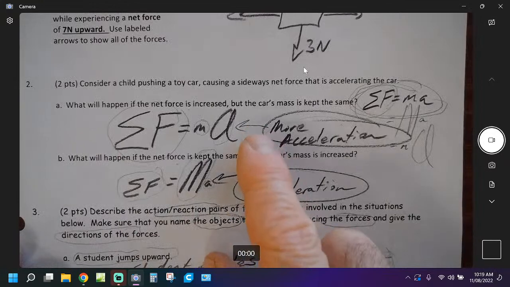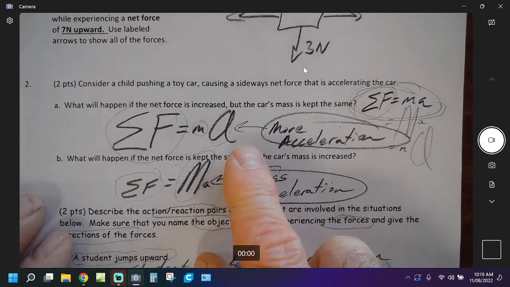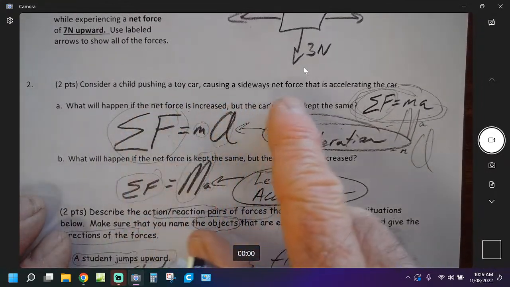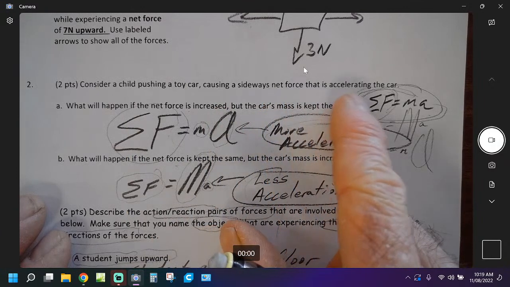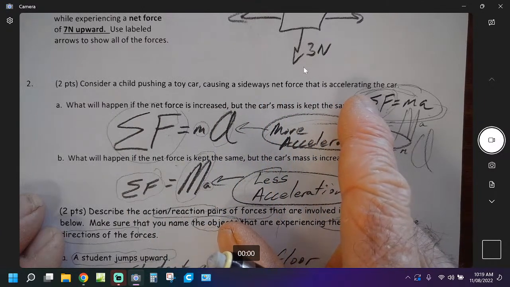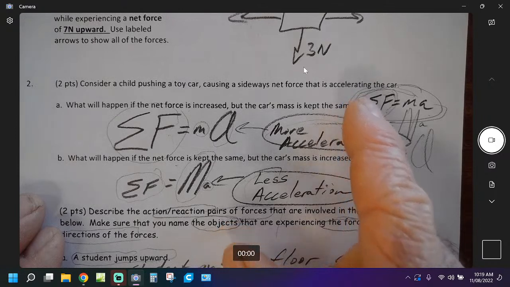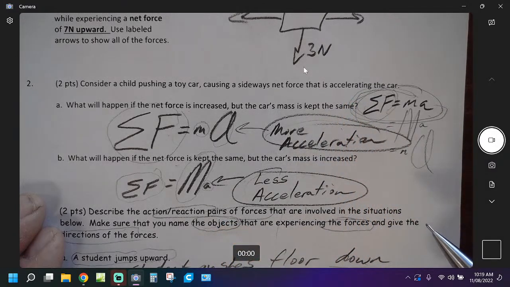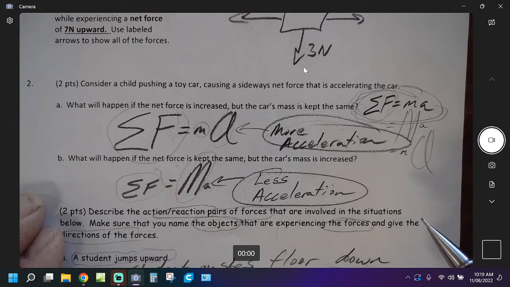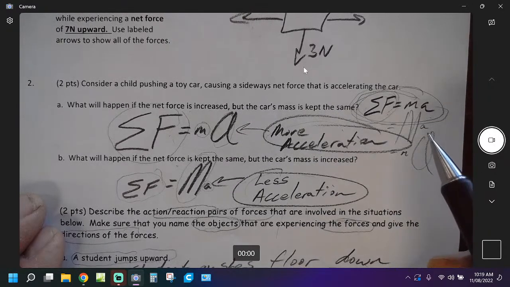This will be, maybe I'll ask you this. A child is pushing a toy car. The net force is accelerating the car sideways. What happens if the car accelerates more? There's faster acceleration, but the force was the same.